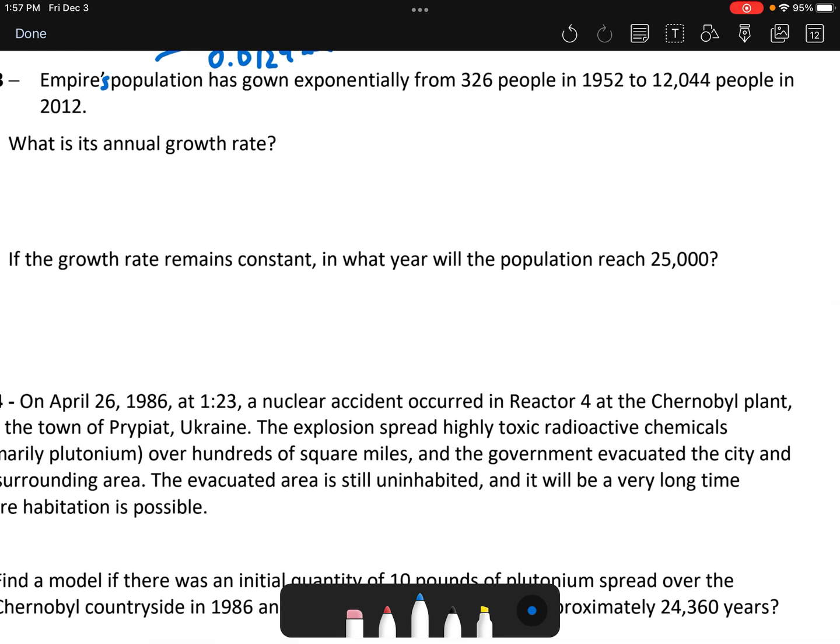Okay, example 3. Now, we have a typo there. Empire's population has grown exponentially from 326 people in 1952 to 12,044 people in 2012. What is its annual growth rate? Okay, well, we got to find K because it's asking for it.